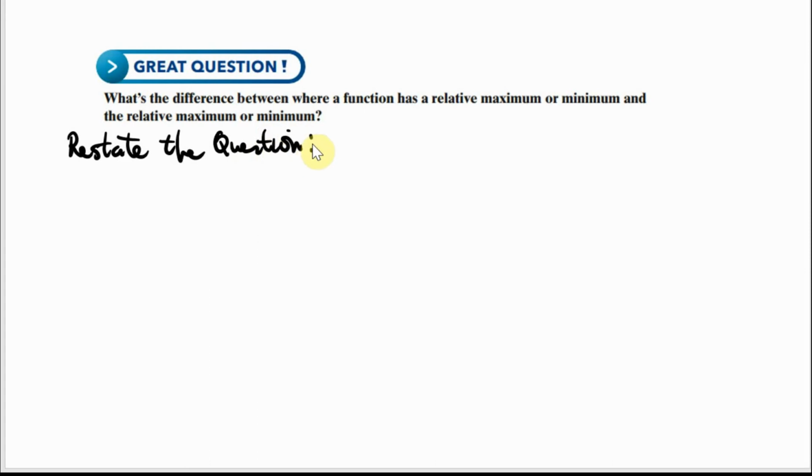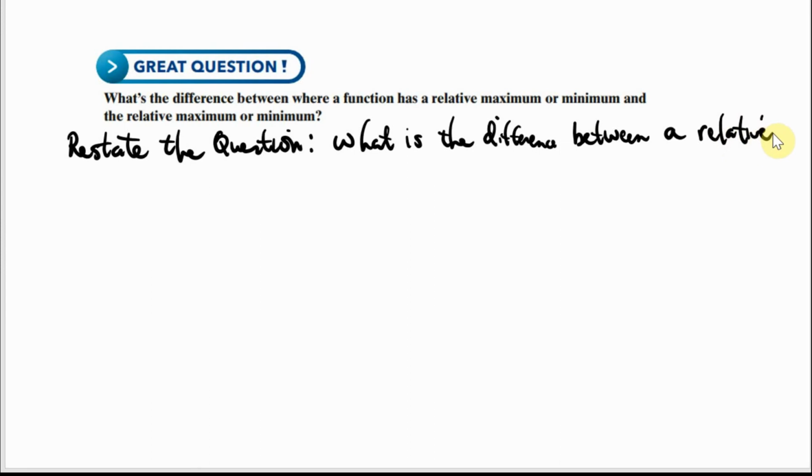Let's restate the question. What is the difference between a relative maximum and what we call an absolute maximum?